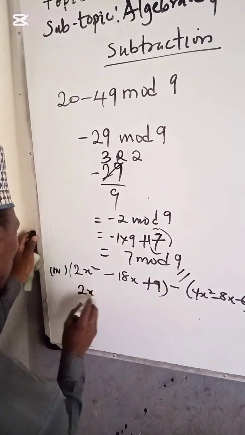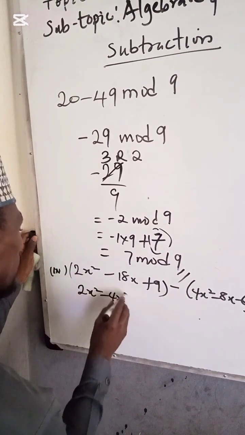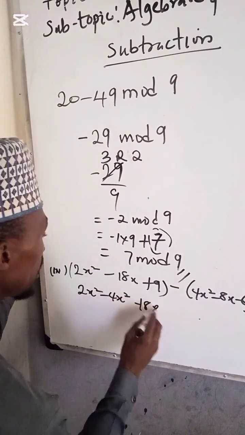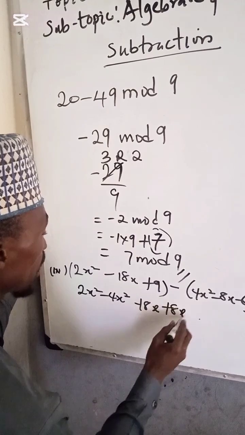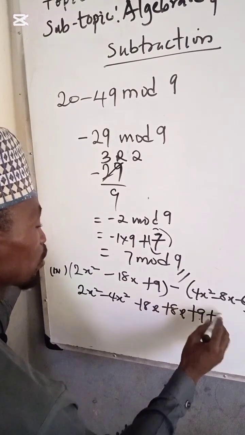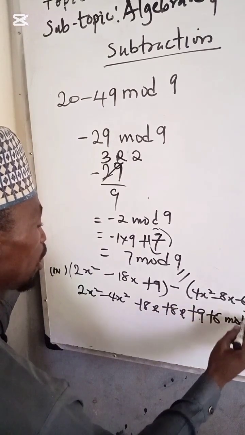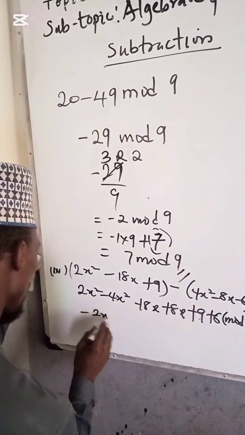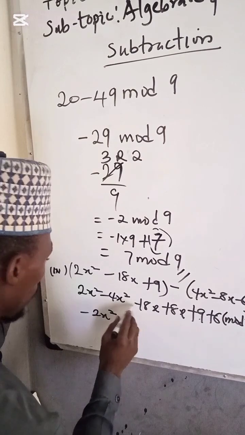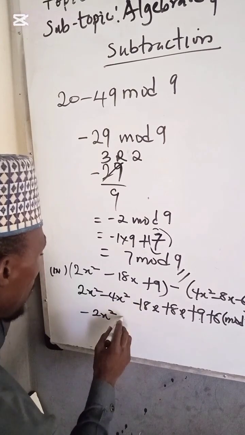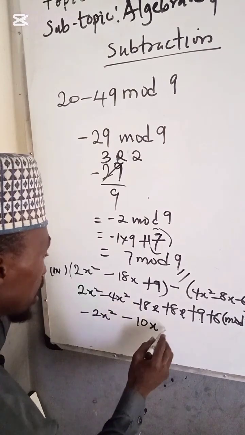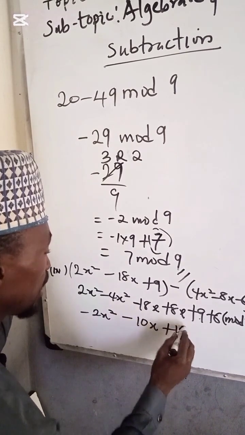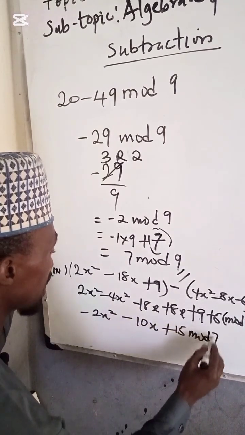So you have 2x squared minus 4x squared, minus 18x plus 8x, plus 9 plus 6, modular 7. Now, minus 2x squared, minus 10x, plus 15, modular 7.